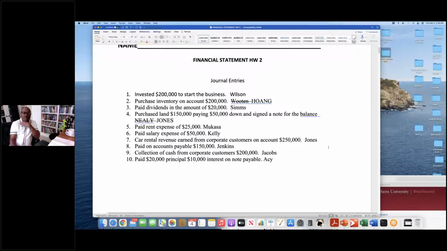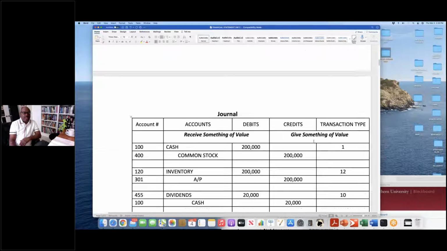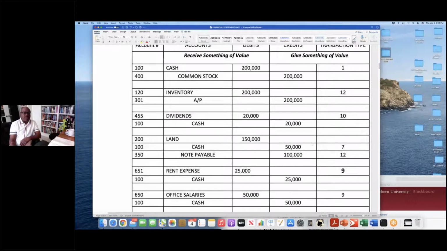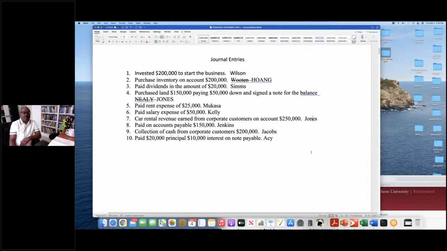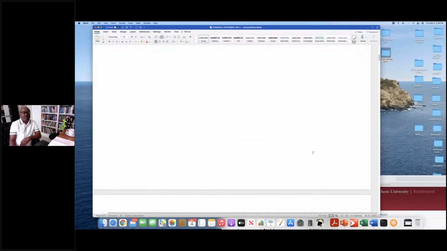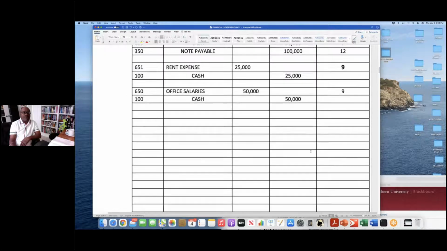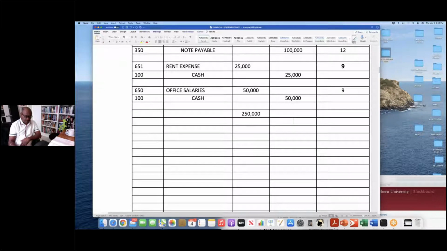So accounts receivable and sales. What type is it? 15. Okay. And that is sale on account. Okay.